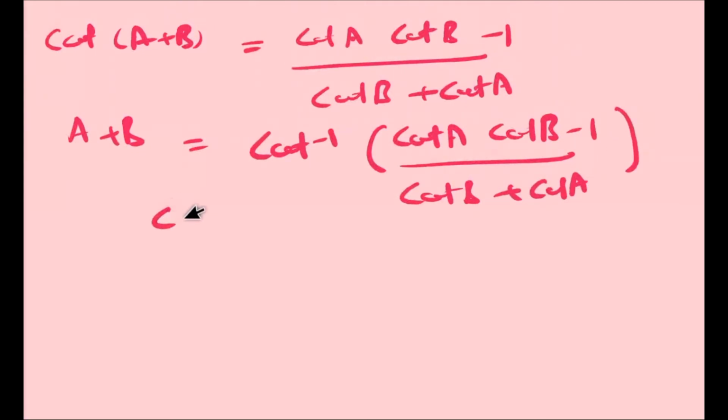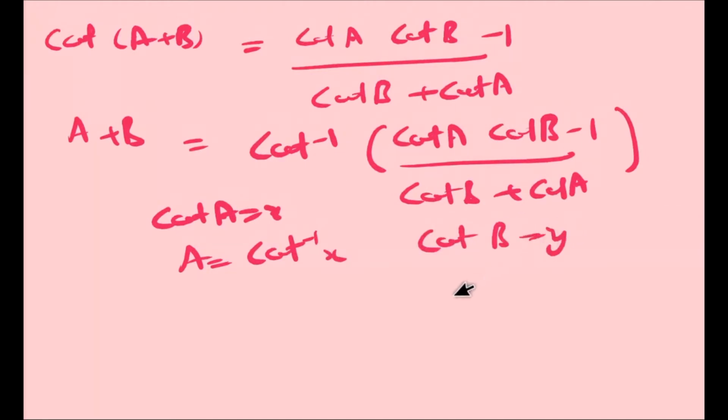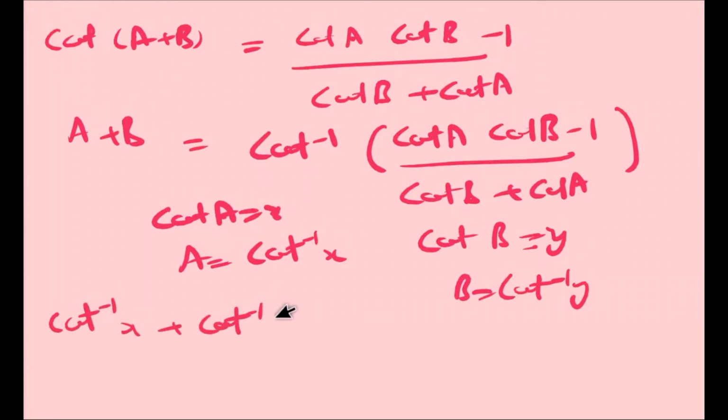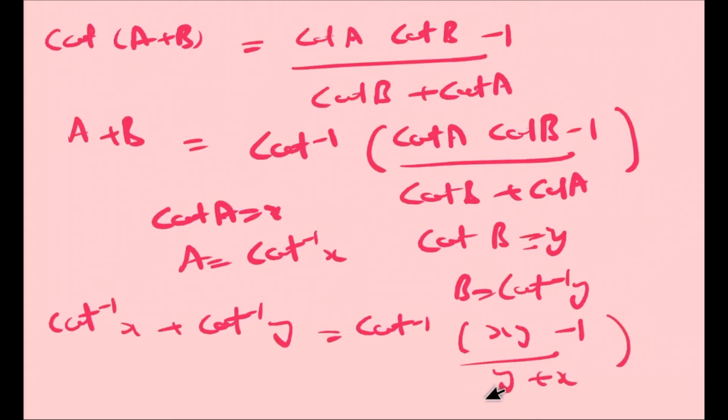Now writing here, let cot A equal x, then A equals cot⁻¹ x. Let cot B equal y, then B equals cot⁻¹ y. Putting these values here, we find the formula cot⁻¹ x plus cot⁻¹ y equals cot⁻¹((xy minus 1)/(y plus x)). You have to learn it as y plus x, not x plus y. There is no difference between x plus y and y plus x, but you have to learn y plus x.